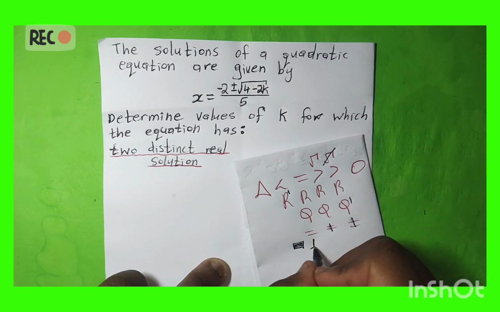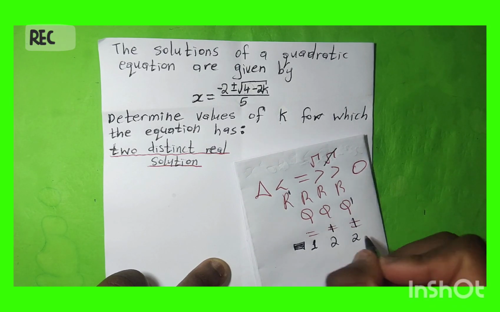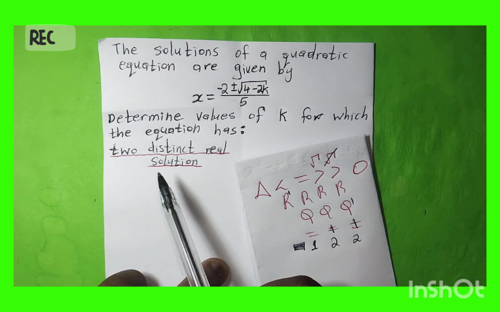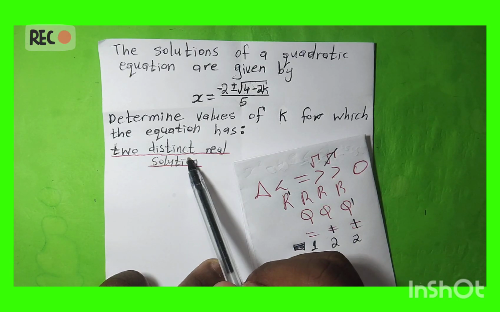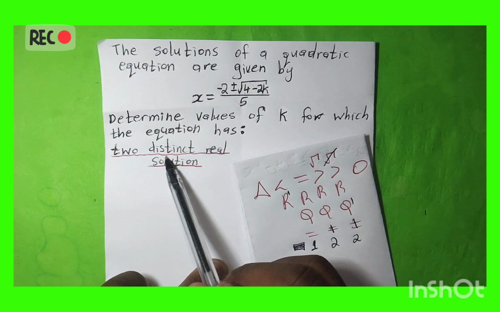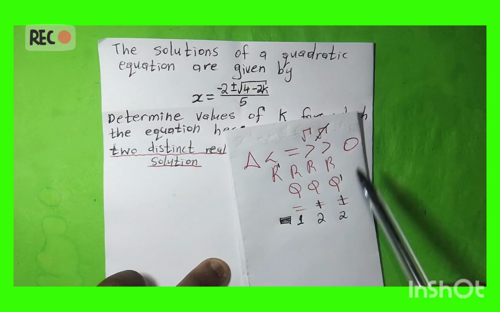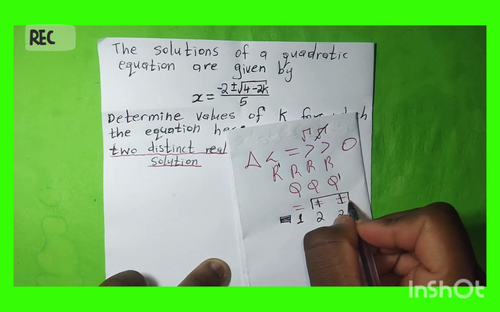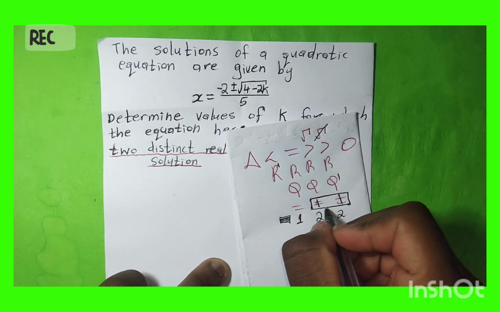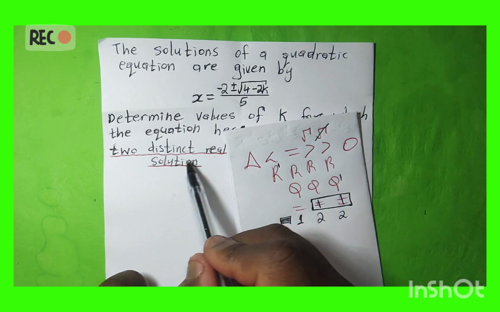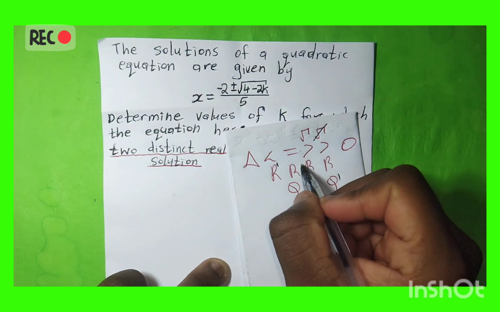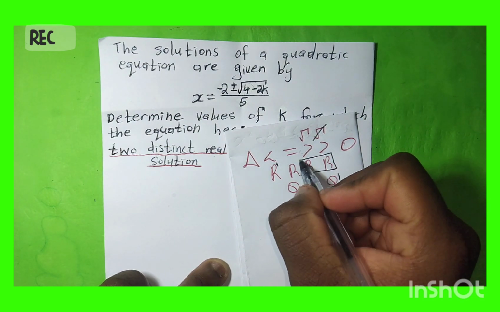Here we only got one solution, and here we got two solutions. So this question, guys, needs two distinct roots, meaning two unequal roots, they are different, guys. And real solutions, meaning that it's supposed to be a real solution.